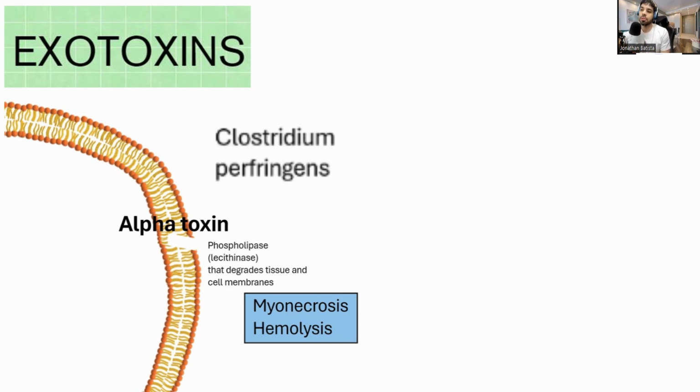Perfringens will go and break down these phospholipids, leading to gas gangrene. And you'll find this evident in the questions because you could palpate the area and auscultate and listen to crepitus. It'll sound like crinkling paper, somebody's leg sounding like paper being crushed whenever you auscultate it.